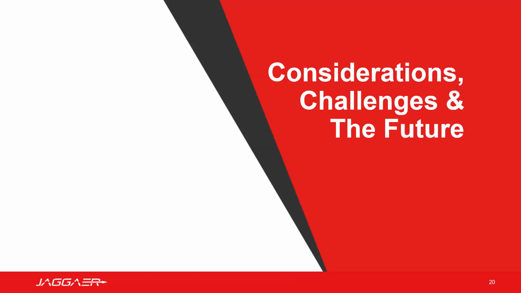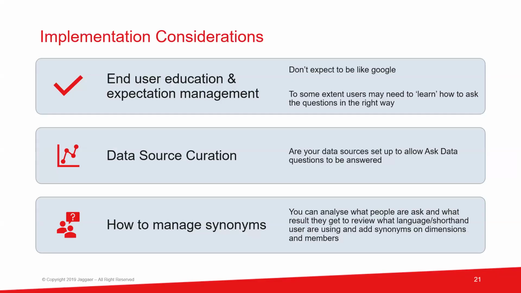So just to talk about a few of the considerations, challenges, and where we hopefully see Ask Data going in the future. Some of the implementation considerations: I mentioned you can type questions in Ask Data and it will get your answers. But there is a degree of user expectation management, in terms of users shouldn't expect it to be like Google.